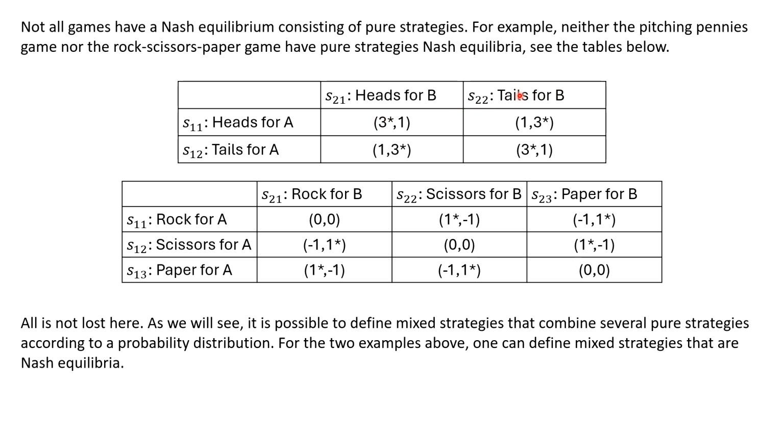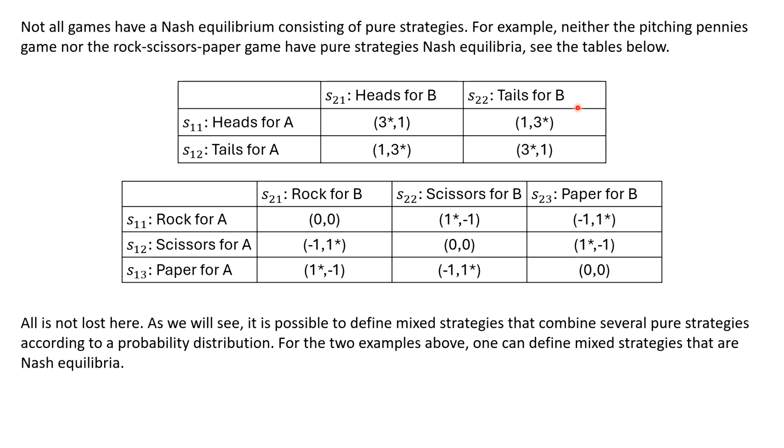Then if player B plays tails, I realize he's not playing tails or she's not playing tails. It's a random toss. But in the case of tails, A does better with tails also, because A wins when the two pennies match.